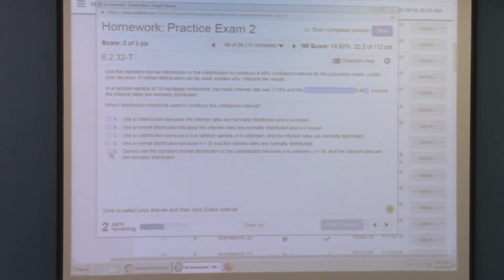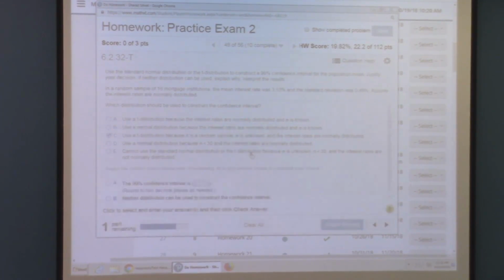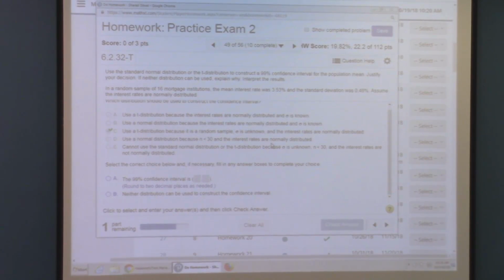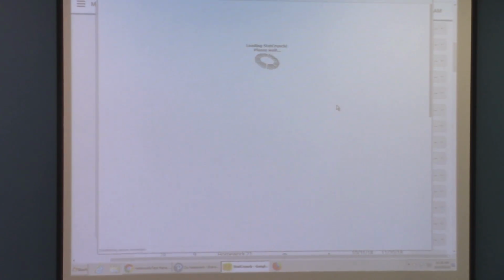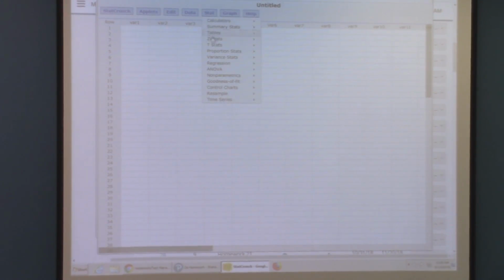Then, if it's normally distributed, you can use a T distribution. Okay, and when that is clear, then you go to stat, T stat, right?